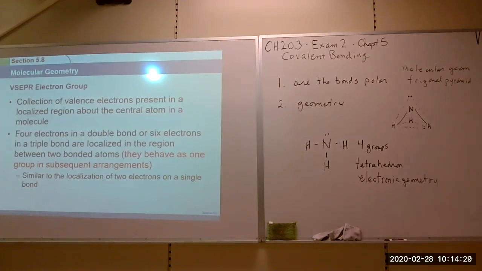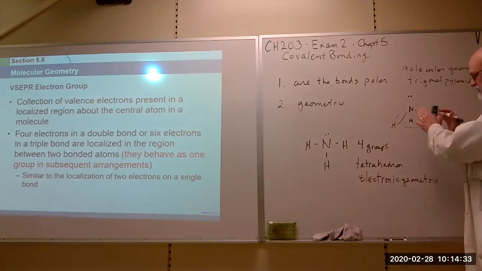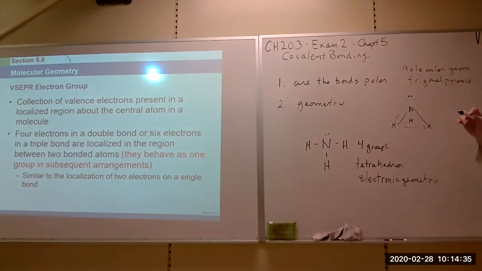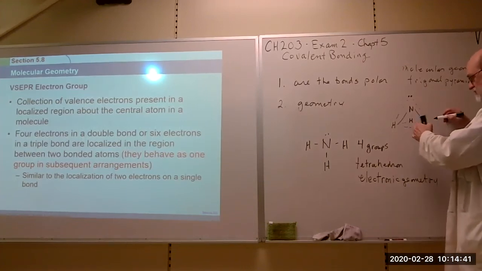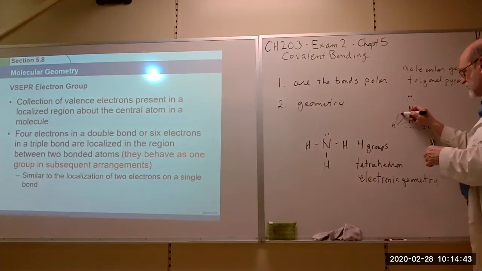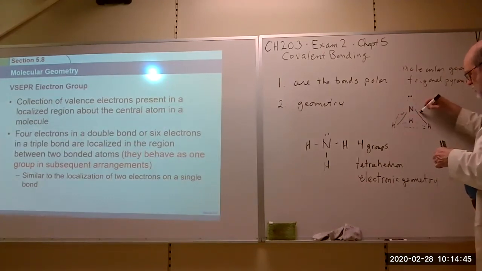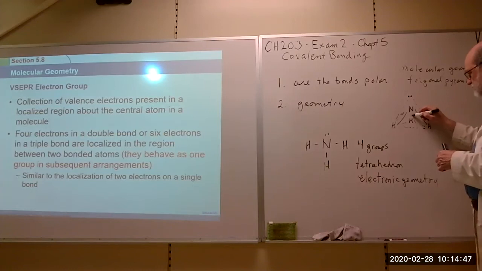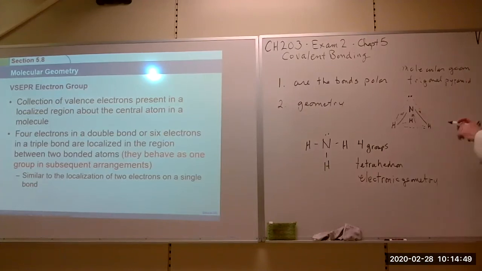Now, what does that mean? That means that the dipoles that are being marked here, they generally go toward the nitrogen, are not symmetrical. Plus, we have this lone pair.